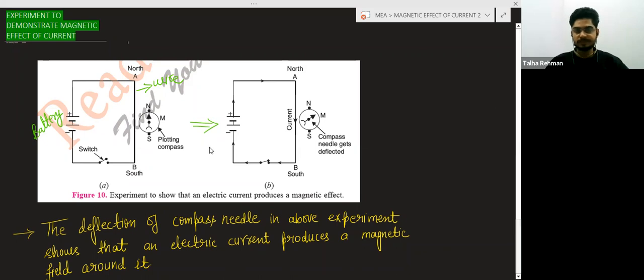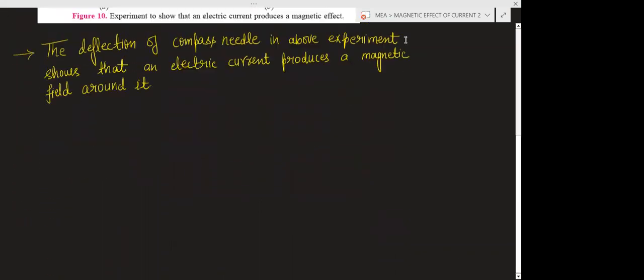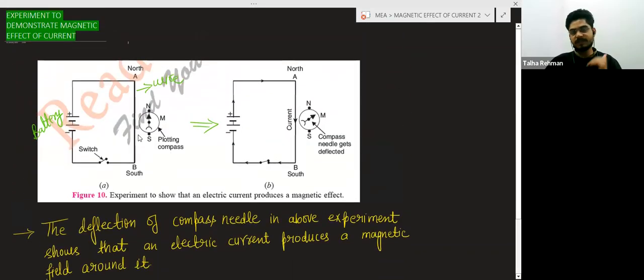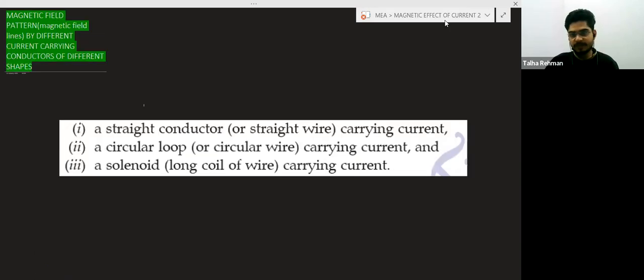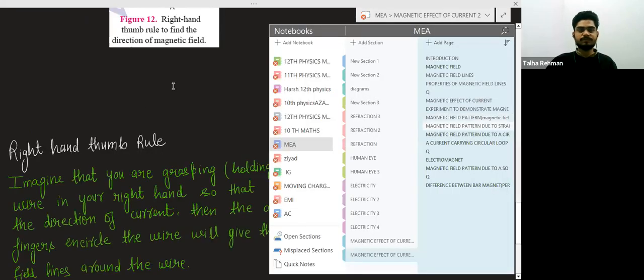Done, Azaan? Yes, sir. Okay. So this is the experiment that is showing that due to the current carrying wire, there is a magnetic field. After that, you can take the screenshot of this.